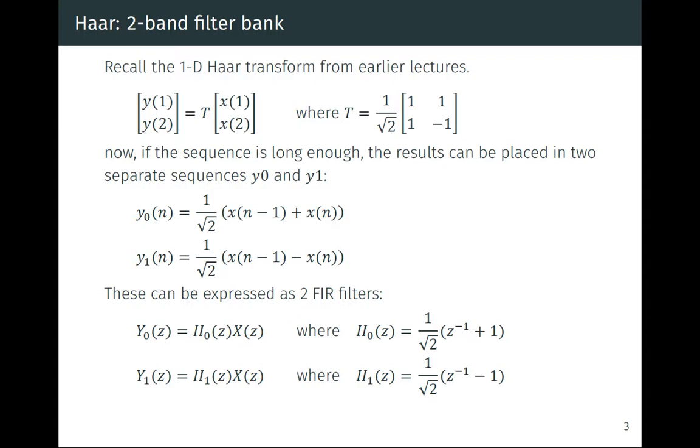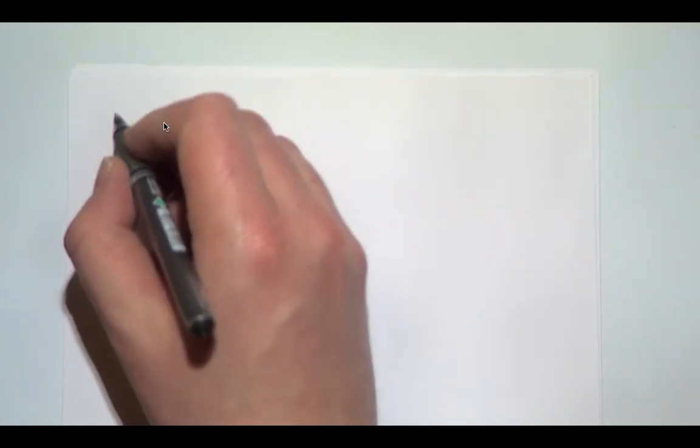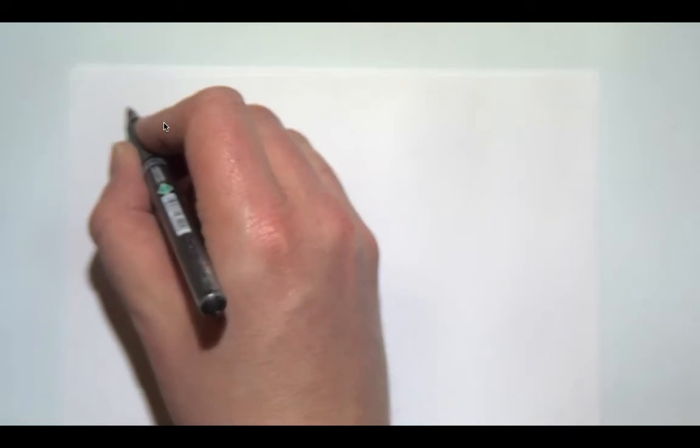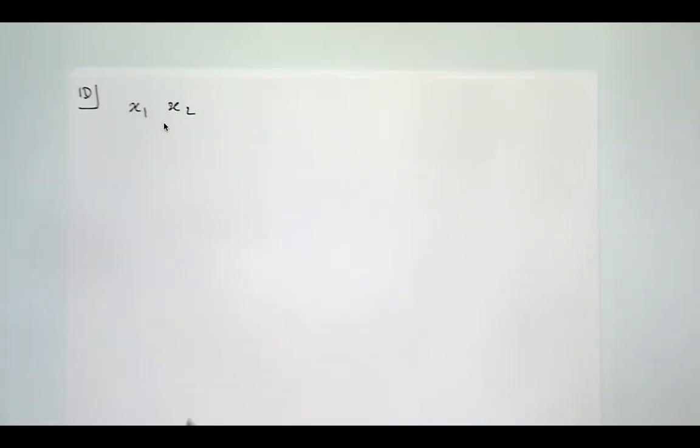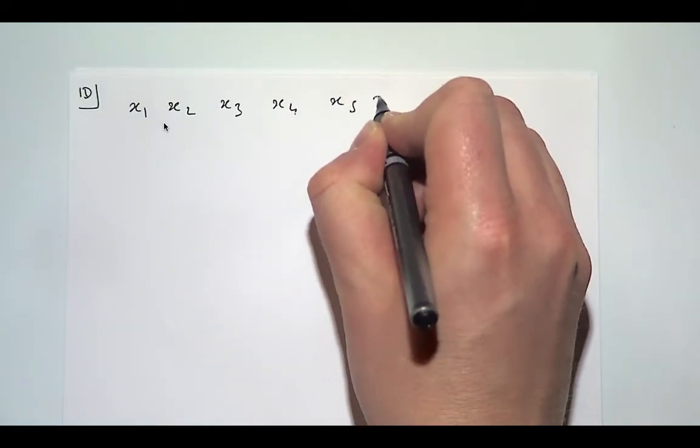So maybe I'll flip to here for a second. Okay, so remember when we looked at the 1D case, of course, okay? So we have a 1D signal, a stream of values.